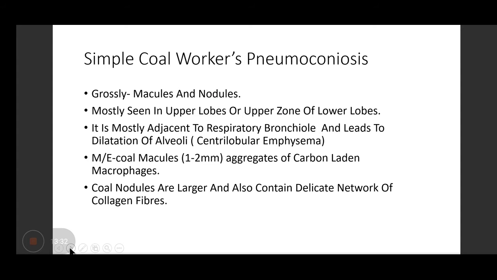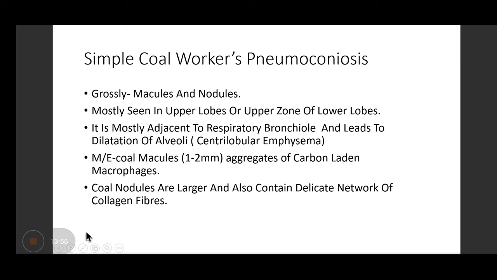In case of simple coal workers pneumoconiosis, you can see macules and nodules. These are mostly seen in the upper lobes or the upper zone of the lower lobes, and there can be dilatation of the alveoli adjacent to the respiratory bronchioles that it affects.